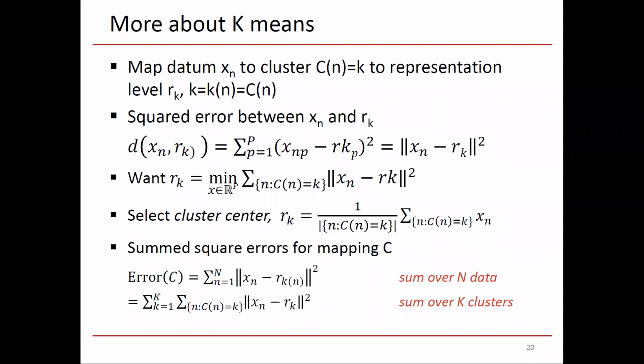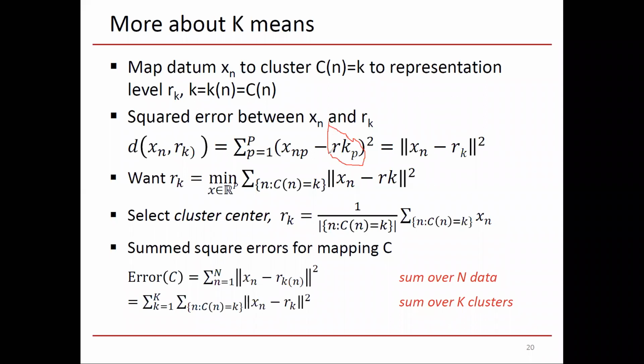In many applications, we're going to want to minimize the squared error between the xn's and the corresponding representation levels, the rk's. And the overall distance is a summation over all the n's of the error between xn and the corresponding rk. Here the notation is perhaps slightly problematic because in xn, we want element number p in a p-dimensional patch.